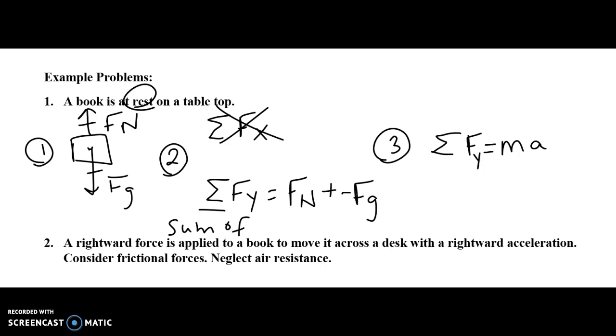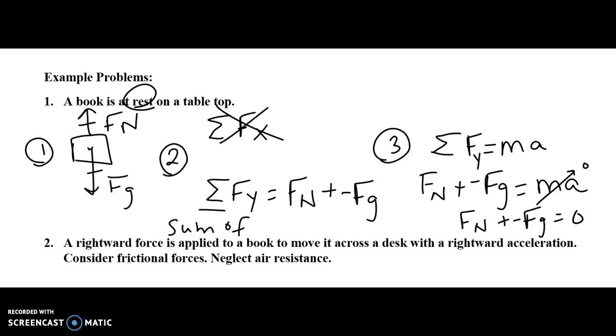So in the y direction, my net force is Fn plus negative Fg, and that is going to equal ma. Since the acceleration is 0, because my forces are balanced and it's at rest, I know that Fn plus negative Fg must equal 0. Therefore, Fn must equal Fg.